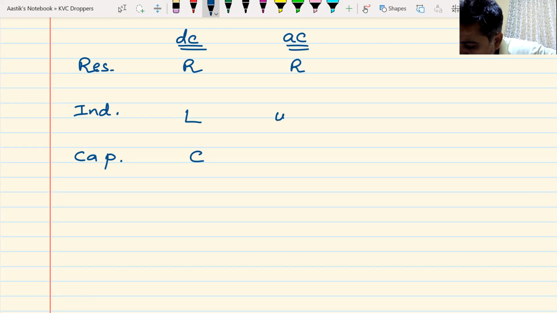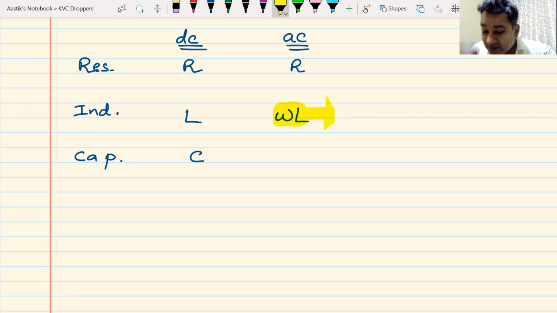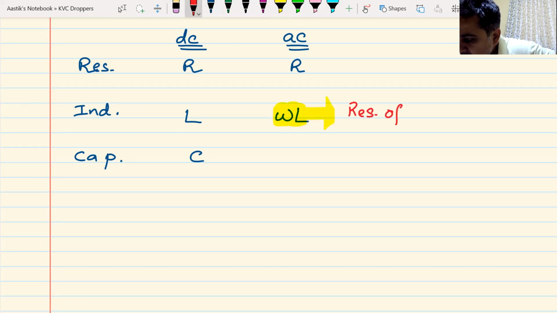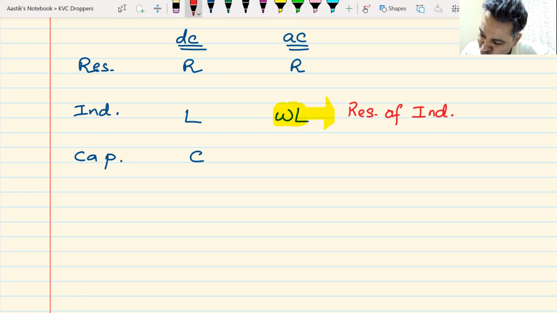And how do I find the resistance? We find it by multiplying omega with L. This omega L is the resistance of the inductor. Do we understand this? Yes, sir.